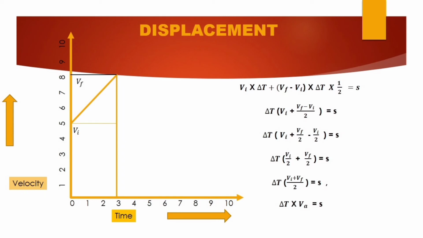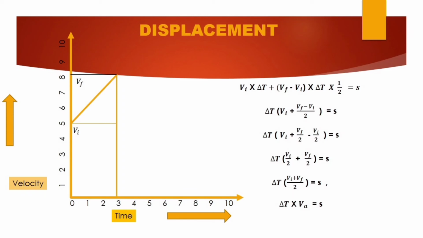Let us rearrange it by taking delta t as a common factor. So, delta t into in bracket vi plus (vf minus vi) divided by 2. So, delta t into in bracket vi plus vf by 2 minus vi by 2. So, delta t into vi by 2 plus vf by 2.